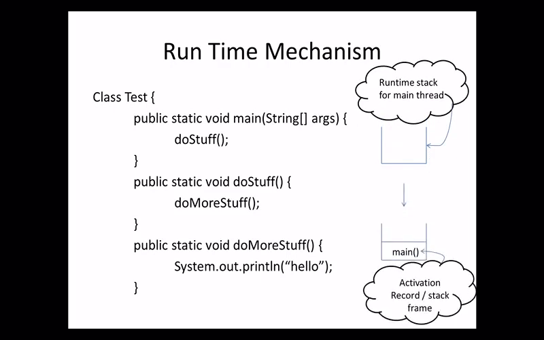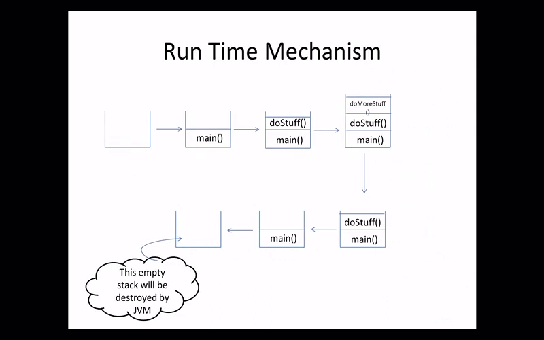As main is going to be called, first of all, as I told you, main will be added to your stack because that main thread is going to call the main method. That entry in your stack is called an activation record or stack frame. Initially it is empty, then the main method is going to call the doStuff method, which is going to call the doMoreStuff method.